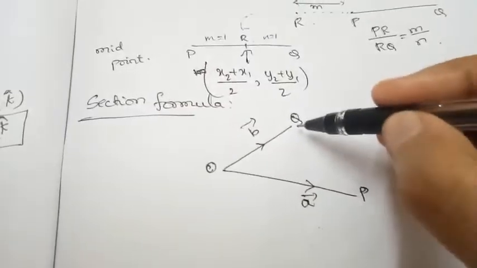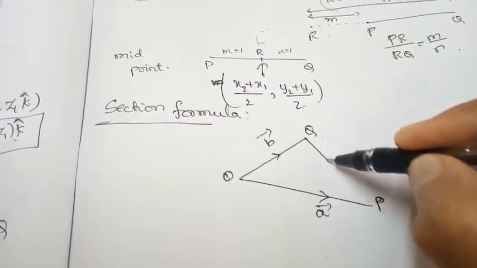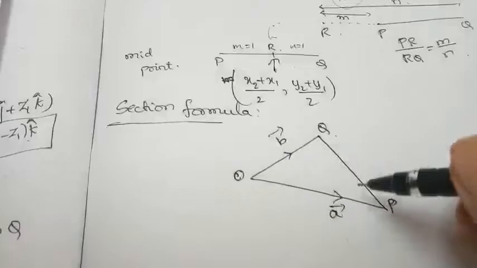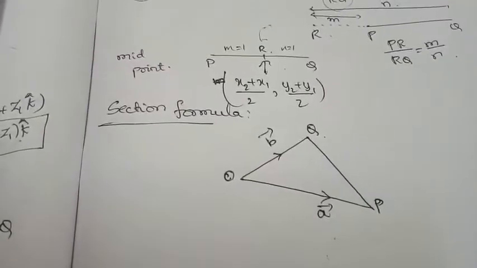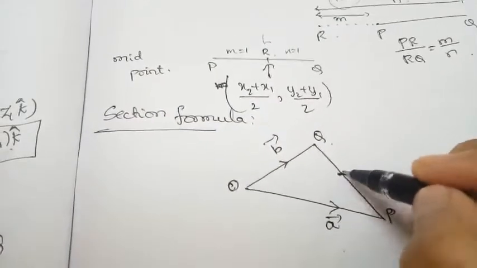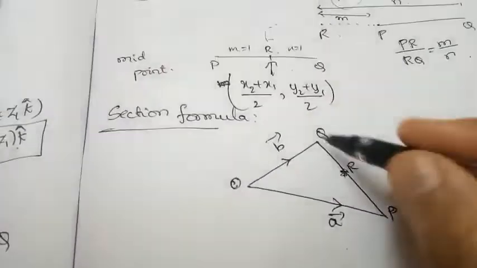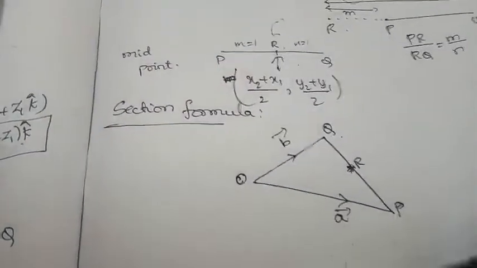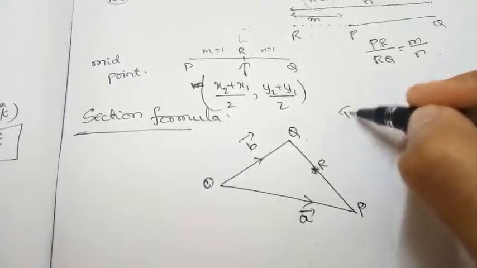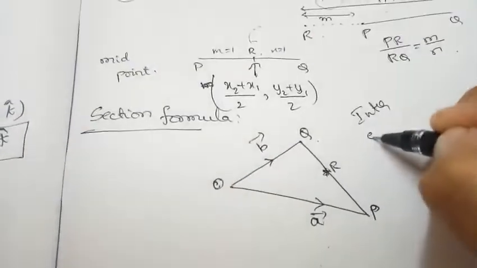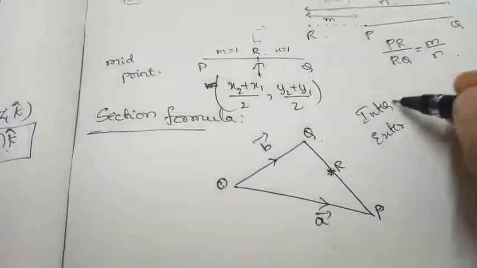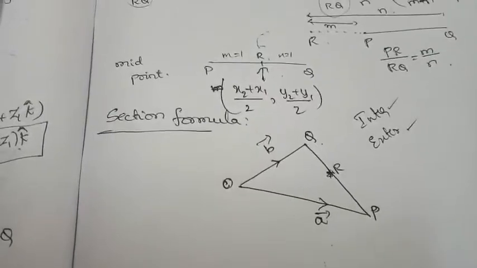Now let us join the line segment PQ. After joining the line segment, let us consider a point R which divides the line segment PQ in both ways: one is internally, another is externally. We will learn internally first, later we will understand externally.